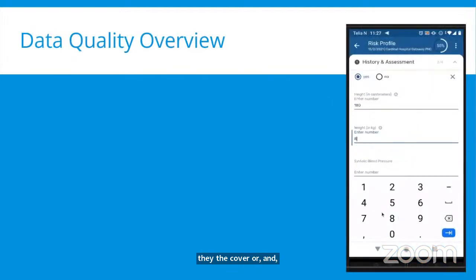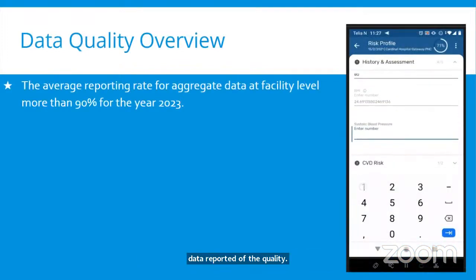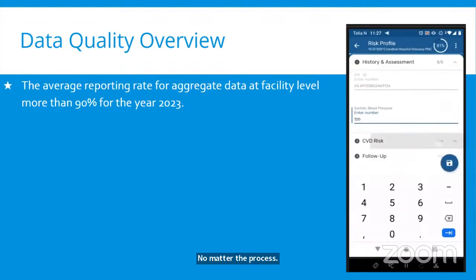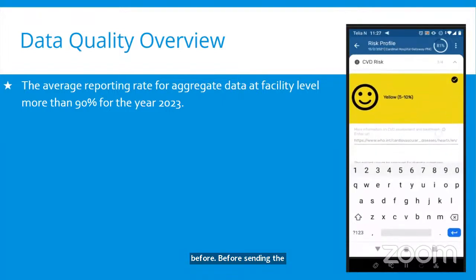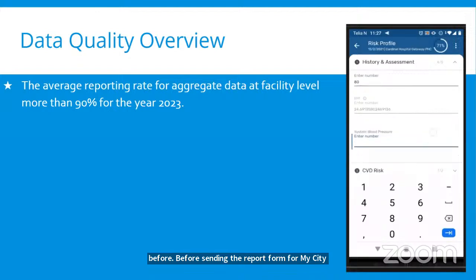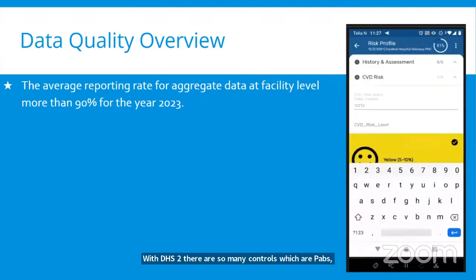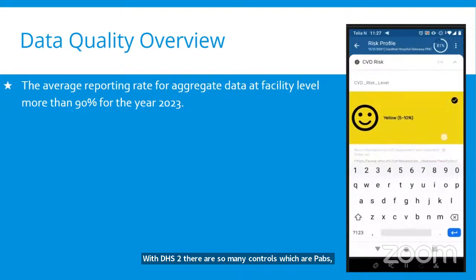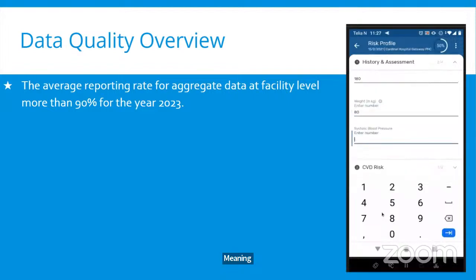To ensure the quality of the reported data, the process involves data verification before sending the report, for monthly data and for individual level data. With DHIS2, there are so many controls which help capture information within the allowed range and minimize errors.